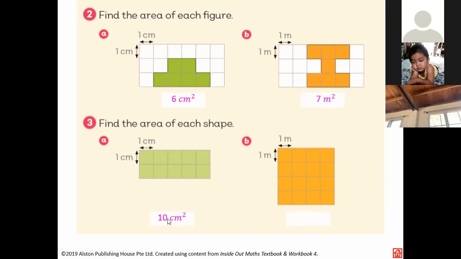Very good. And letter B, 16 meters squared. All right. So for letter B, it's 16 meters squared.